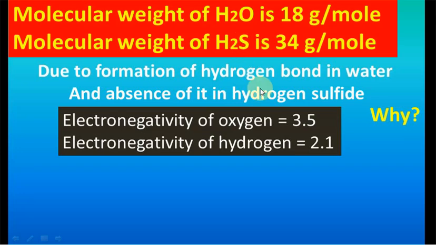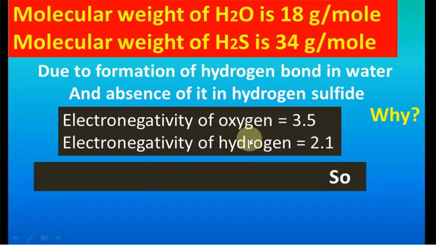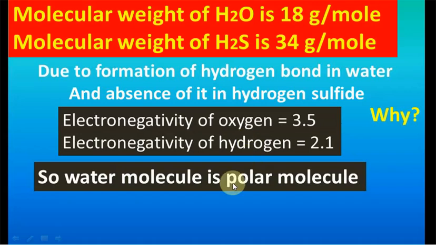The electronegativity of oxygen is 3.5. The electronegativity of hydrogen is 2.1. The difference between the two electronegativities of these atoms, oxygen and hydrogen, is very high. So water is polar.